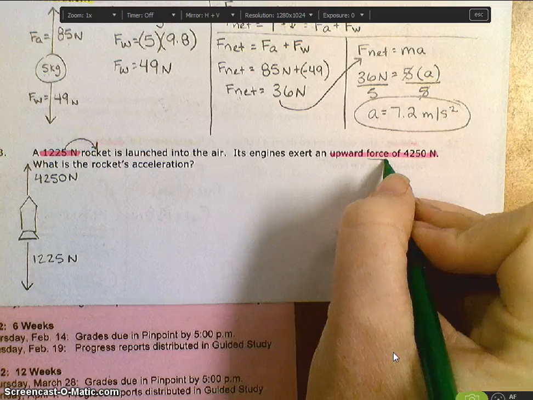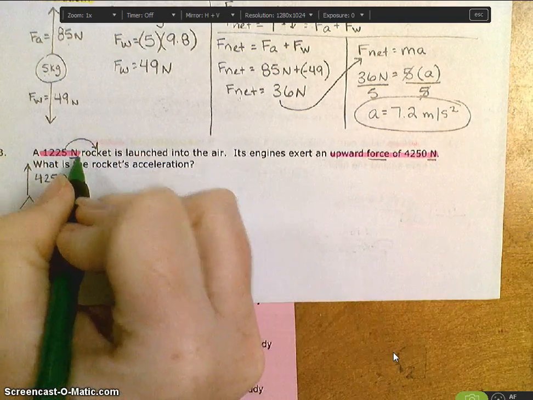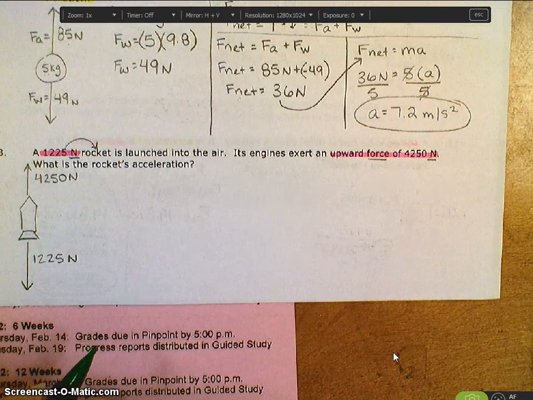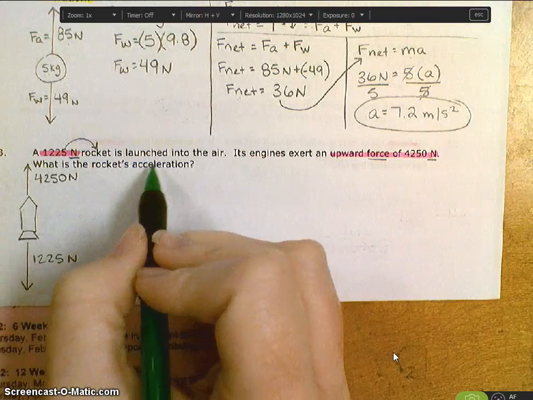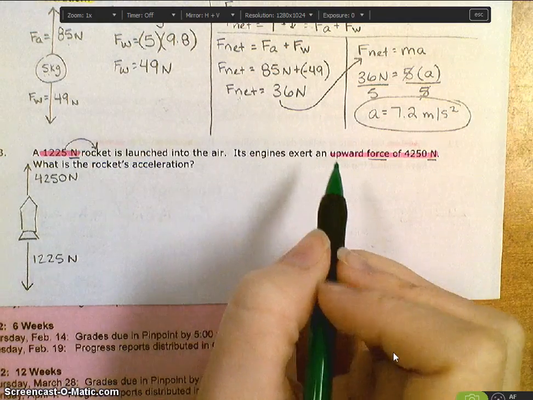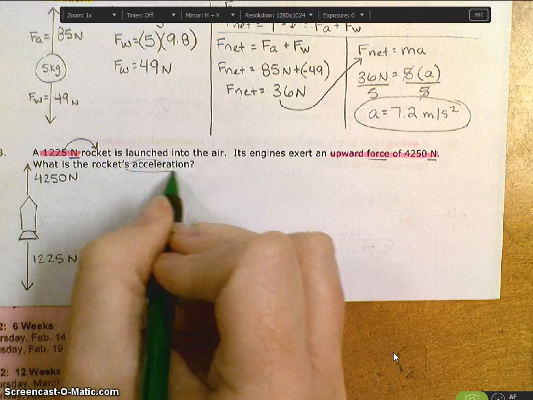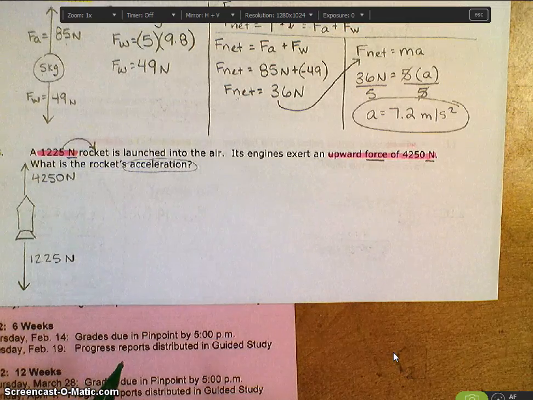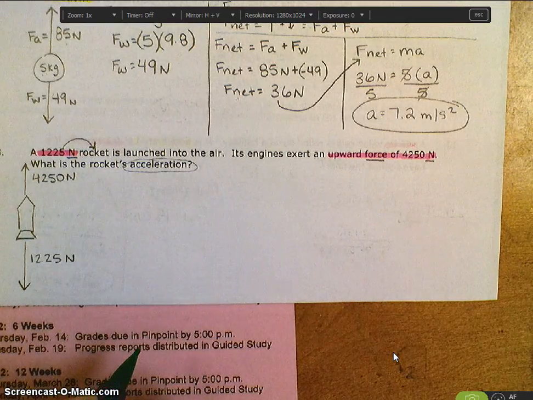Again, force, newtons, these things all go together. They make them arrows. My question, and that's all that they give me, is about the acceleration, just like we had last time.